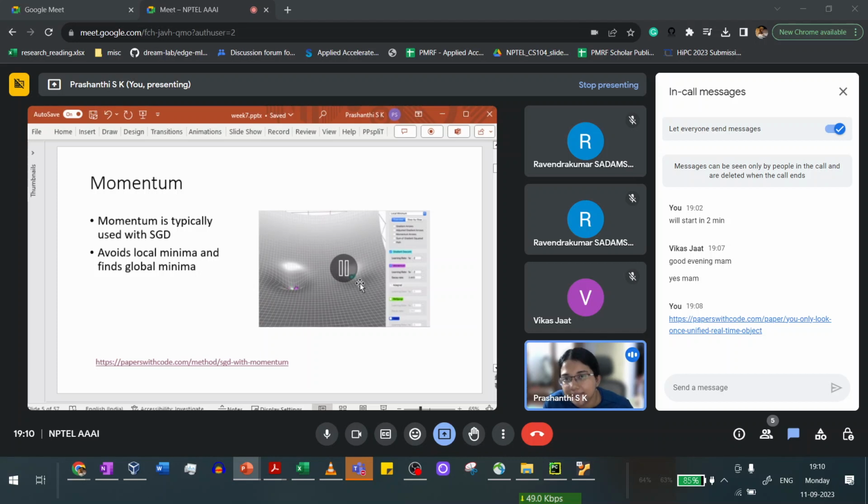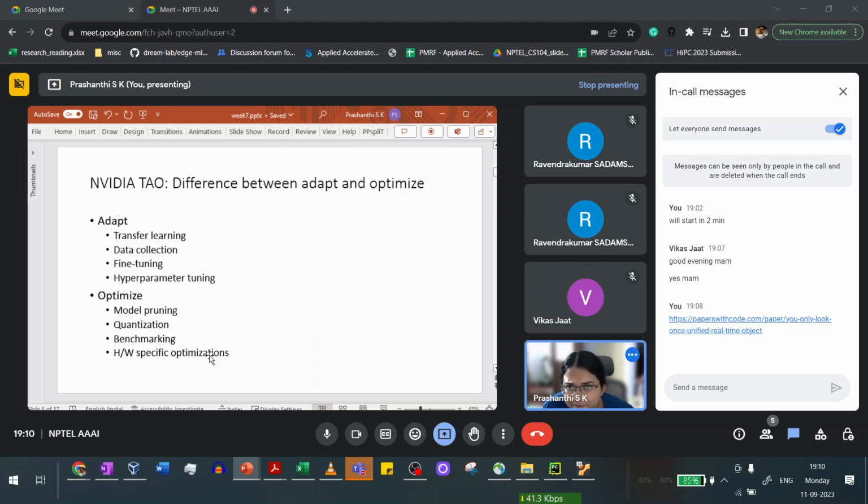It gets that extra momentum to find the global minima. I think this is a very good visual to help you understand how momentum is useful. I've not gone into the details of momentum, but if you're interested, Papers with Code is a good site, so please feel free to go look at it.